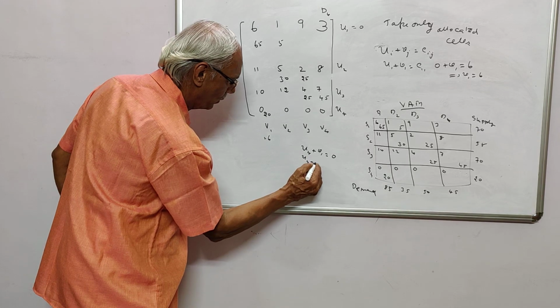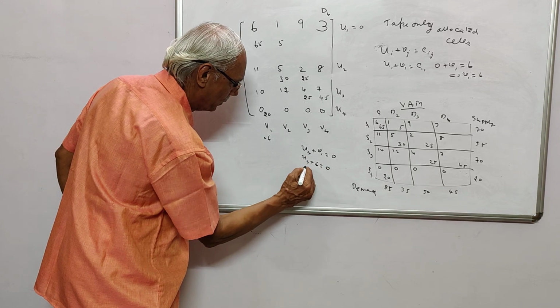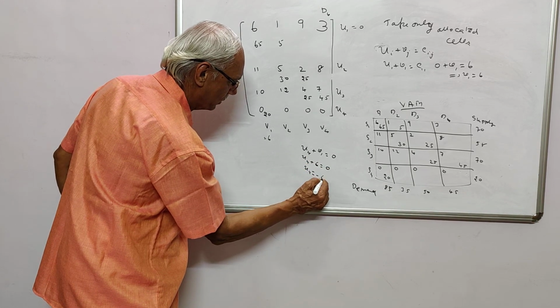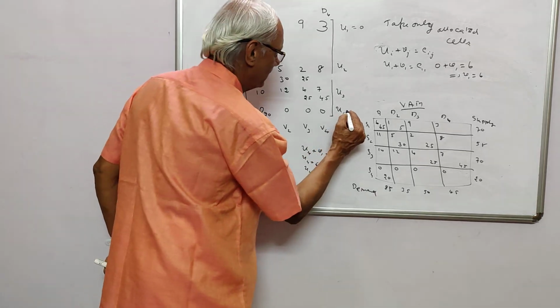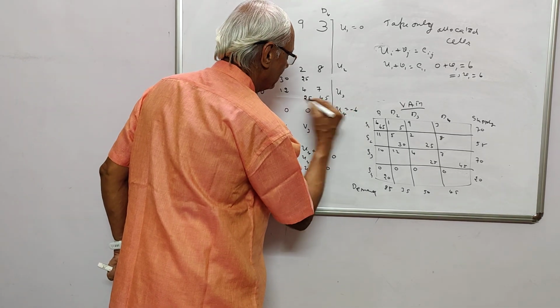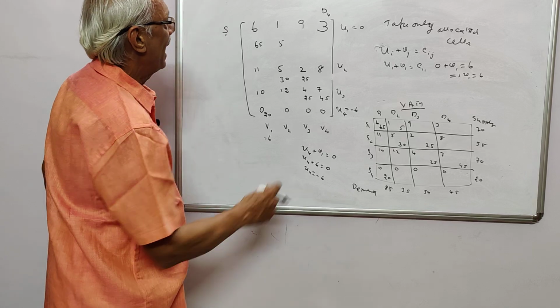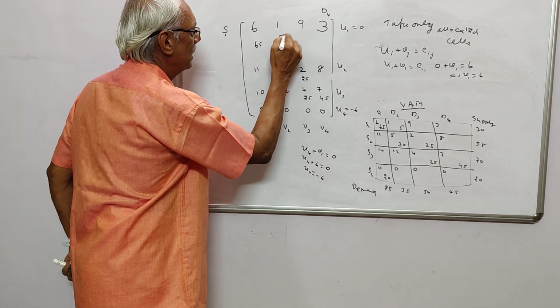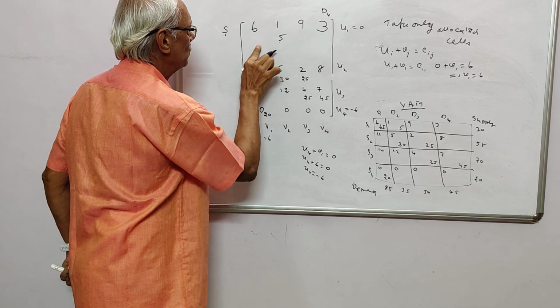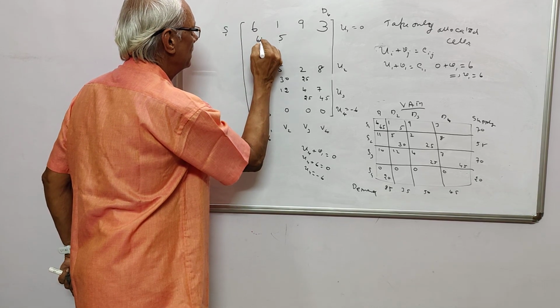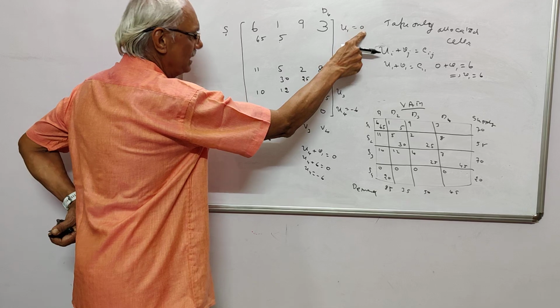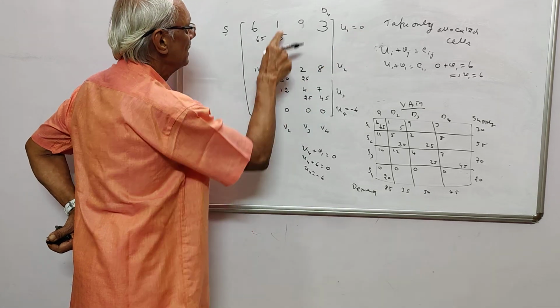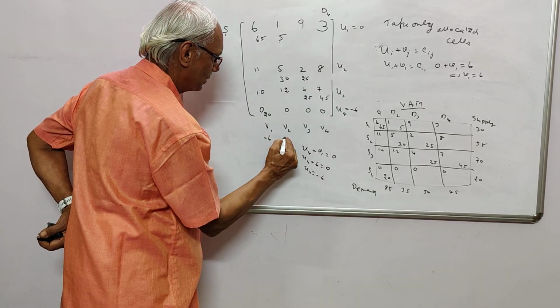So u4 plus 6 is equal to 0, so u4 is equal to minus 6. And likewise, this is an allocation, so 0 plus v2 is equal to 1. Therefore, v2 is equal to 1.